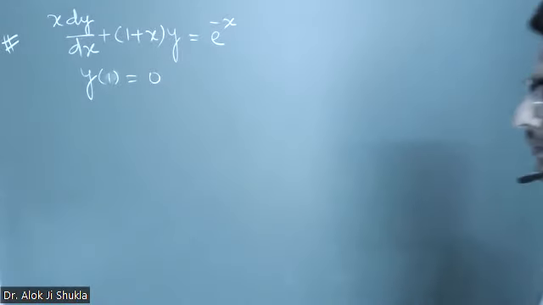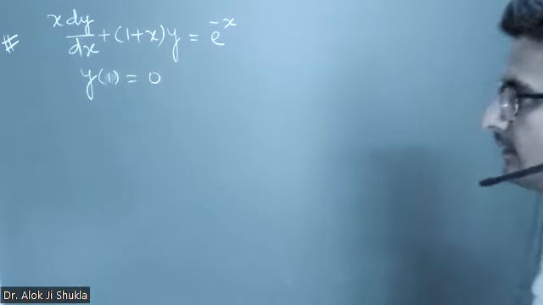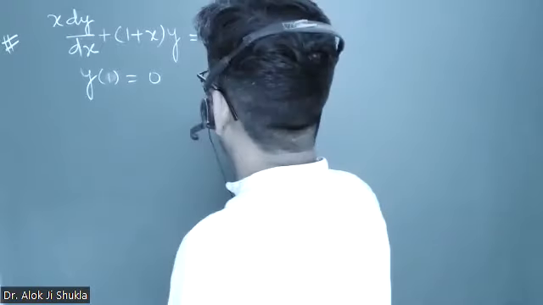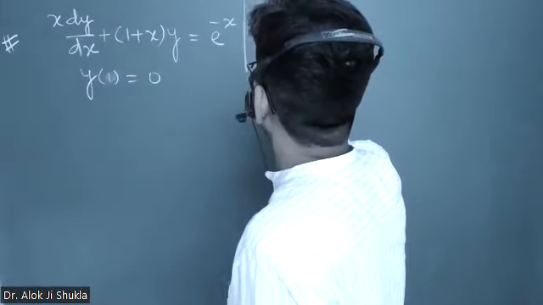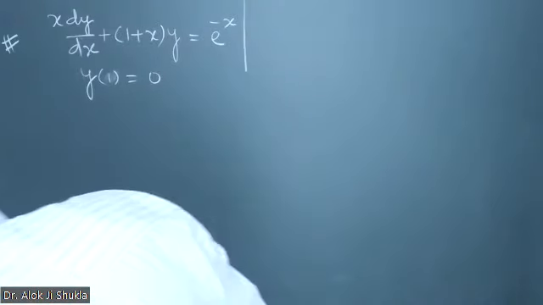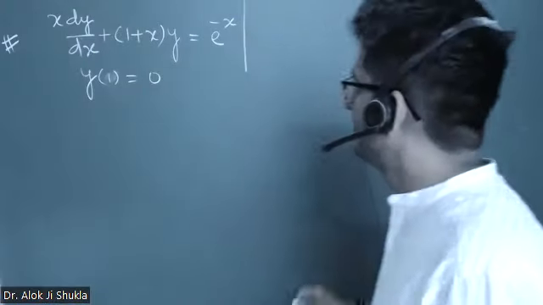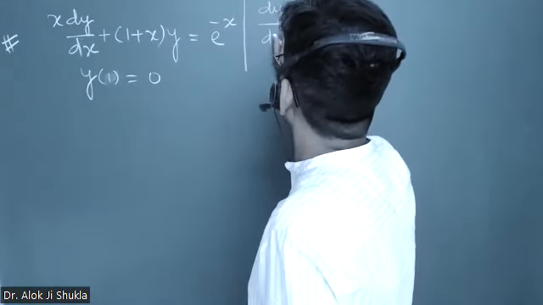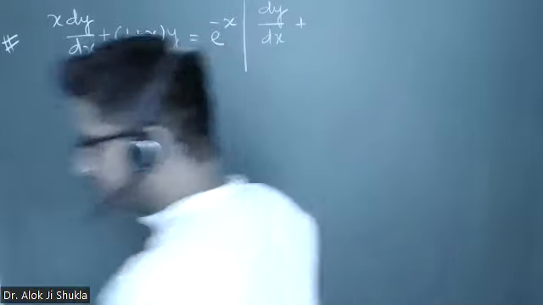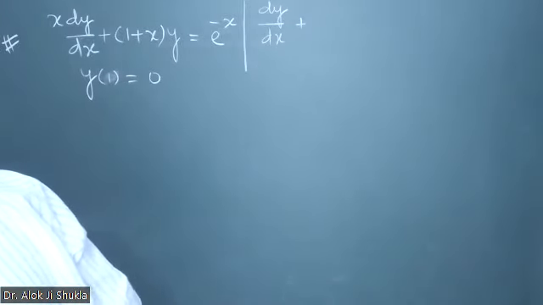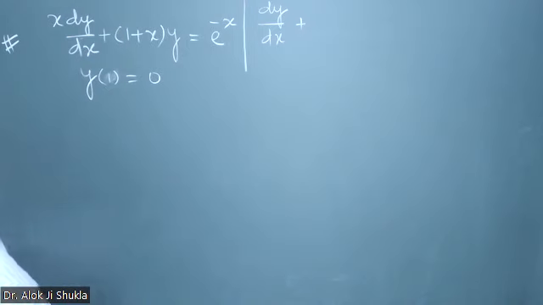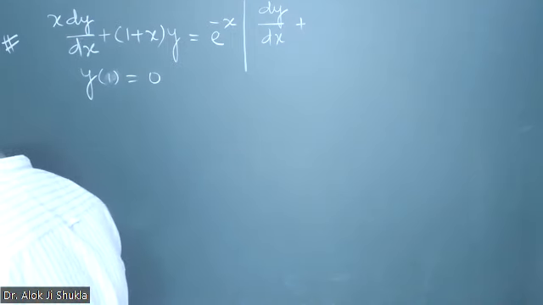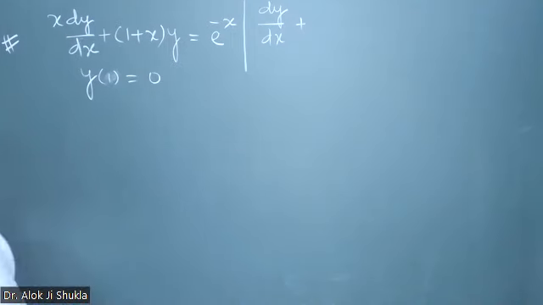So what type of equation is this? This equation is a first order equation. So it will be dy by dx plus py is equal to q, reducible to Cauchy-Euler equation.